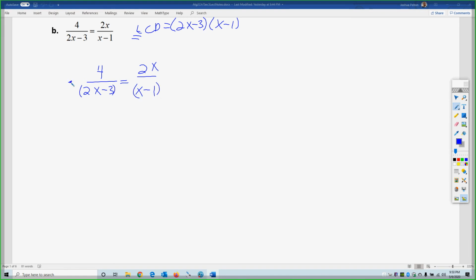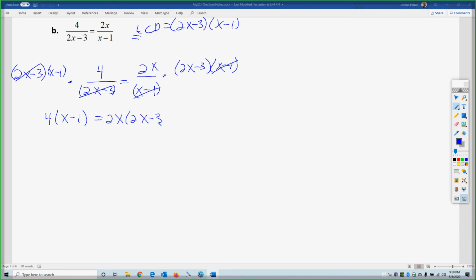Multiplying by the LCD, which is 2x minus 3 times x minus 1, on the left, and 2x minus 3 times x minus 1 on the other side. Over here, the 2x minus 3 cancels, and over here, the x minus 1 cancels, leaving us with 4 times x minus 1 on the left, and 2x times 2x minus 3 on the right.